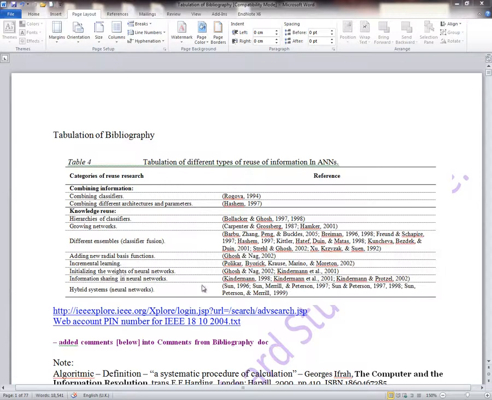So let's start with this diagram. This diagram breaks down some of the areas of reuse of information and the reuse of research into a number of subcategories. The first one is combining information, the other is knowledge reuse, and each one under their categories has subcategories that break down these major headings into subheadings.